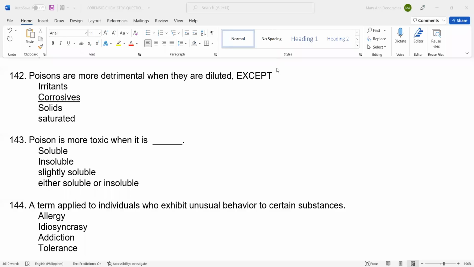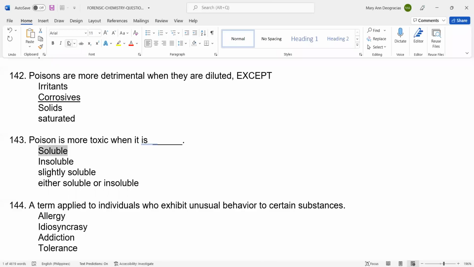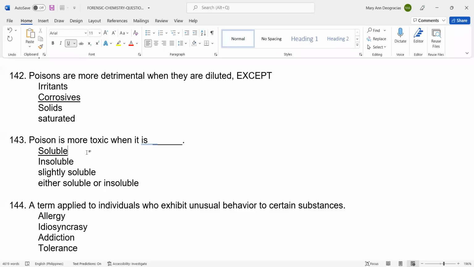Okay, A. Kasi, bakit? Kasi pagka natutunaw yan, madali siyang mahalo sa water content ng ating stomach, especially those poisons that were eaten or that were drunk. So kung madaling ma-dissolve yan sa liquid portion ng ating stomach, eventually it will be absorbed by the stomach and is absorbed later on by the blood.